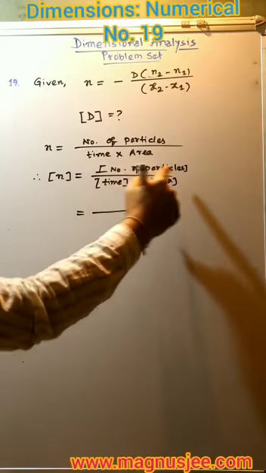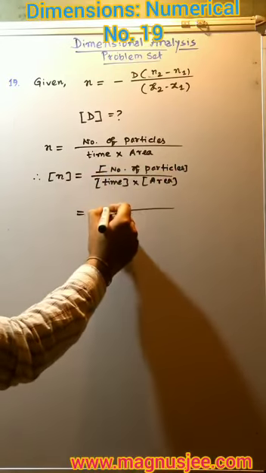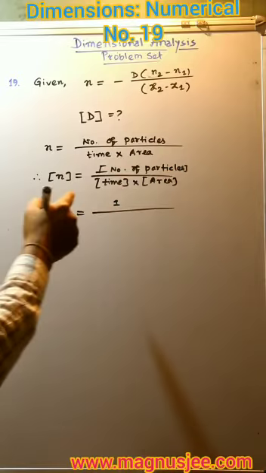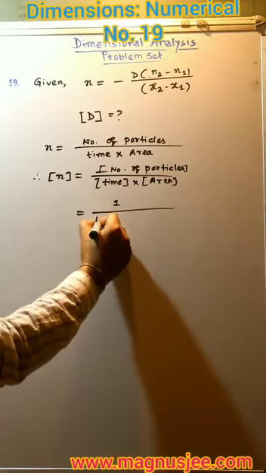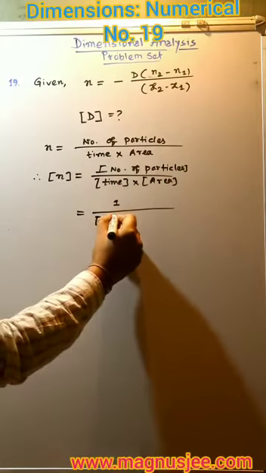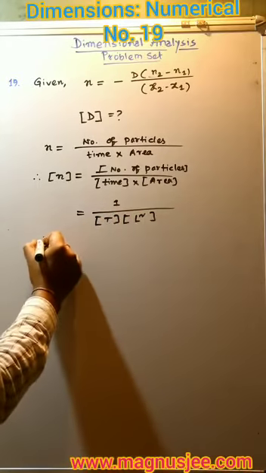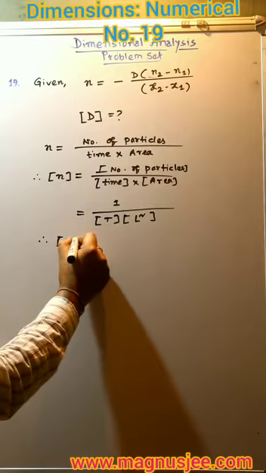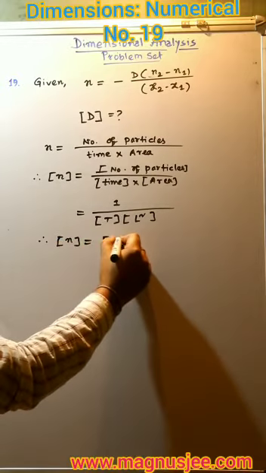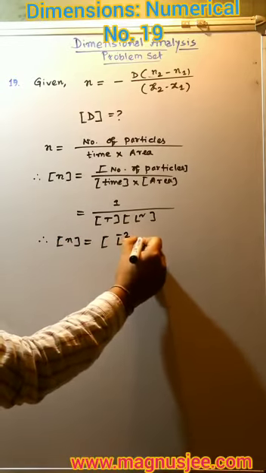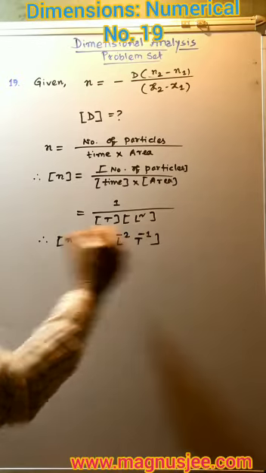We know that the number of particles is a number, so it has no dimension, dimensionless, that is 1. Dimension of time is denoted by T. Dimension of area is L square. Hence we get the dimension of n as L to the power minus 2, T to the power minus 1.